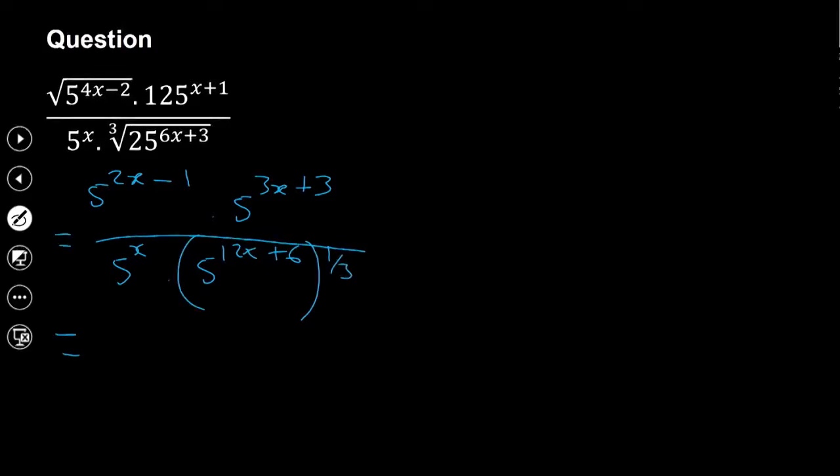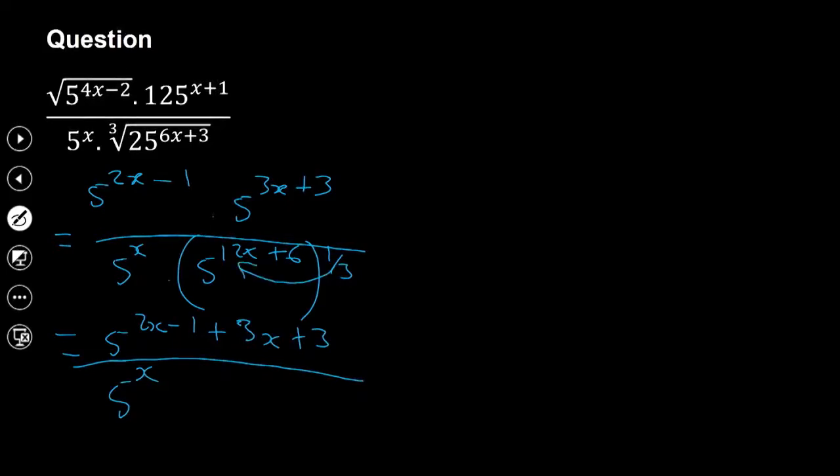Then lastly, it will be 5 to the exponent of 2x minus 1. I'm just going to apply the laws at the top, which is plus 3x plus 3, all over 5 to the exponent of x. Now, if I multiply this with the 12x, it gives me plus 4x. And if I multiply this with the 6, it will then give me plus 2.